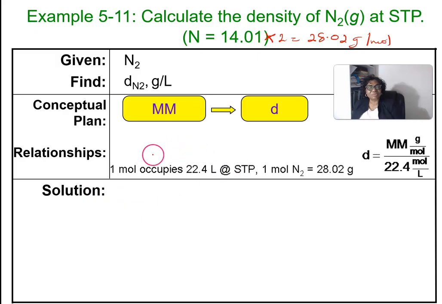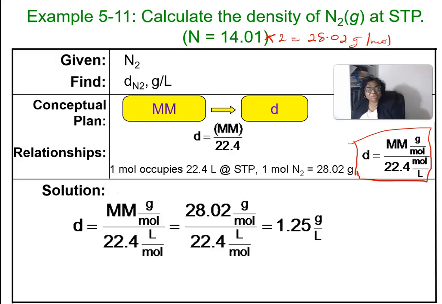We are going to use the molar volume and the molar mass of nitrogen. So this is our equation. You do the same for oxygen too. When you do that, the density of nitrogen is 1.25 grams per liter. This is the molar mass over the molar volume, and that will give us the density.